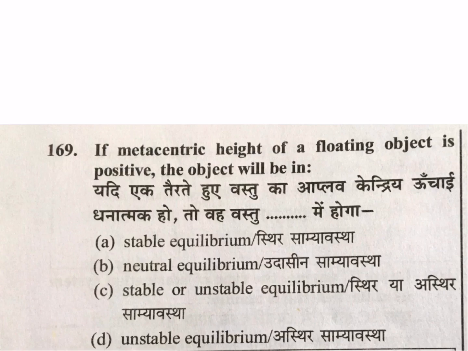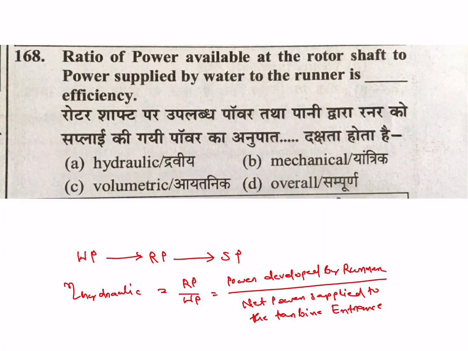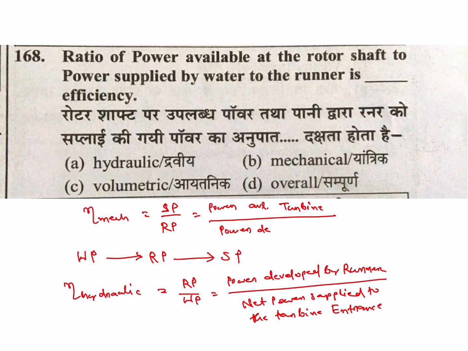Then you will get your mechanical efficiency. Mechanical efficiency is your shaft power by runner power: power available at turbine shaft to power developed by runner.